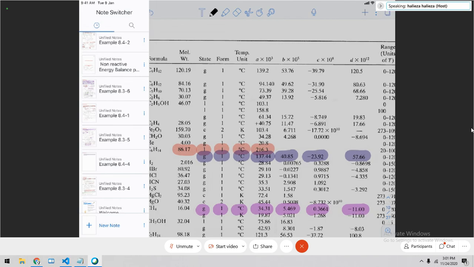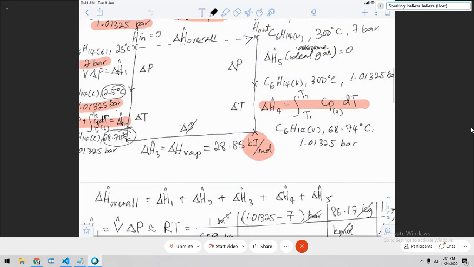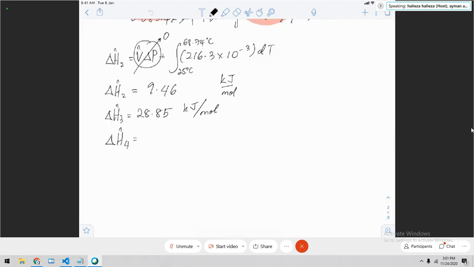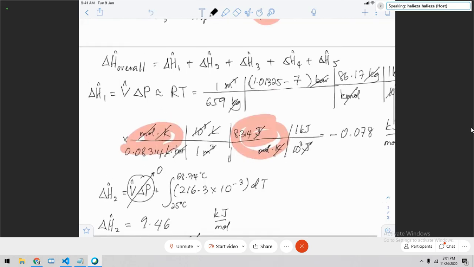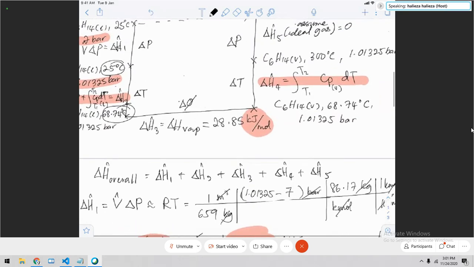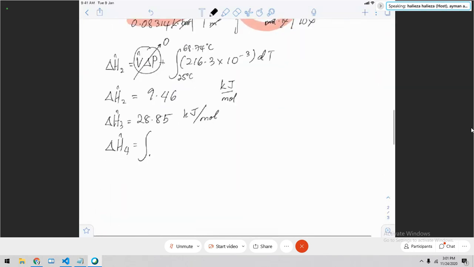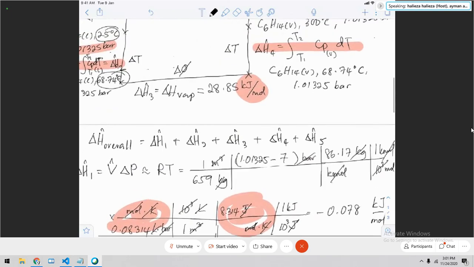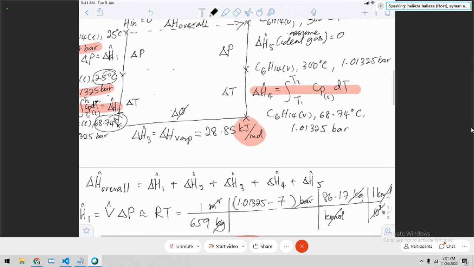It's going to be quite some, I'm going to need you guys to help me here. From T1, what is T1? 68.74. We have the same unit, degree C, so we don't have to change it to Kelvin. And the final T2, 300.